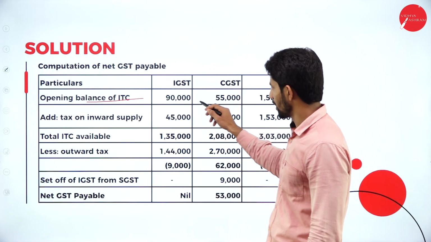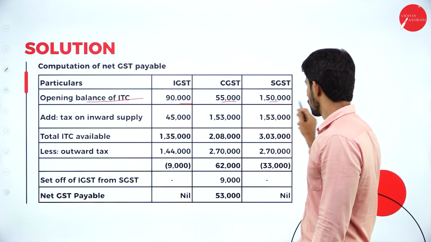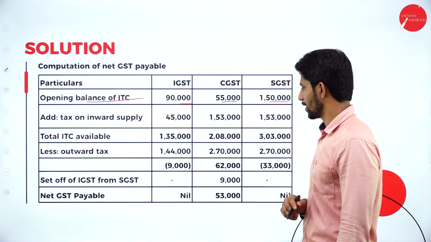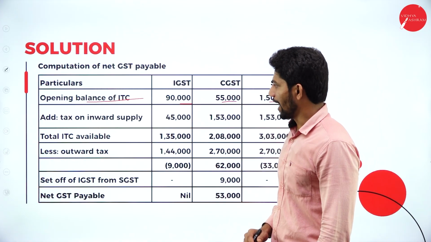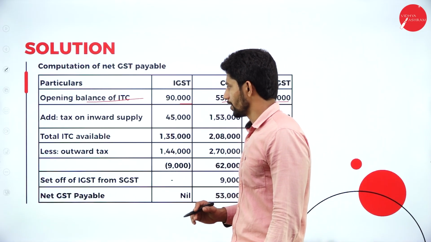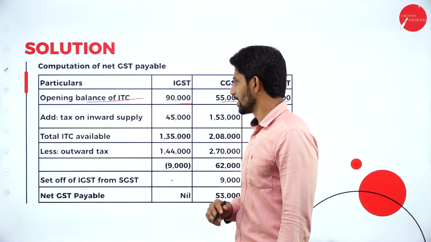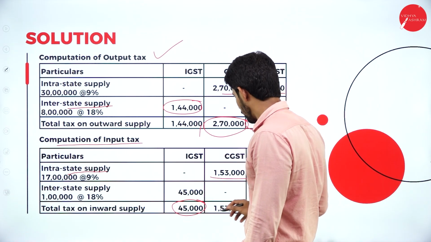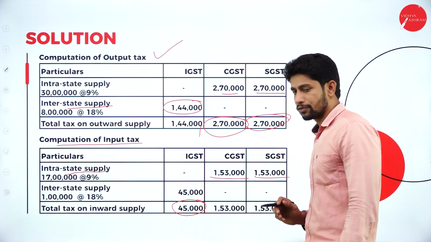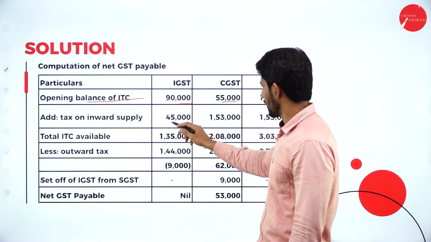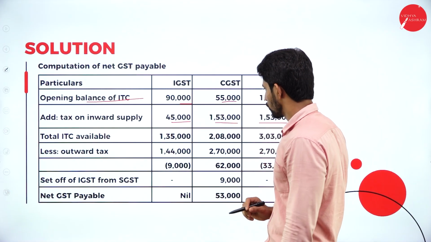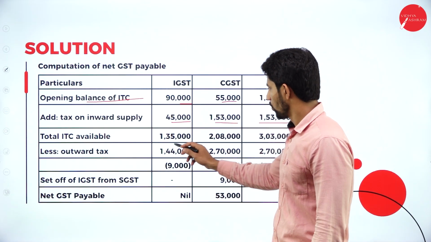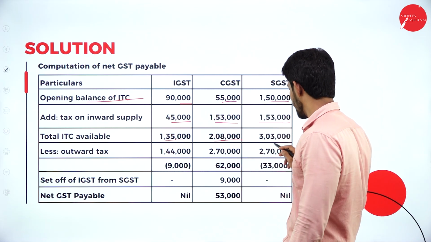Next, add tax on inward supply. What is the tax on inward supply? We found 45,000, 1,53,000, 1,53,000.